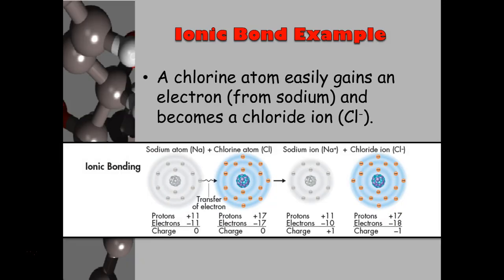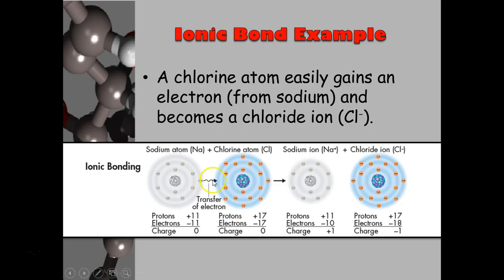So in this case, what's going to happen? Well, that electron ends up getting transferred over to a chlorine atom. Now, chlorine already has 7 valence electrons. I need to get to 8, which means I only need 1 more. So why do I want to have to figure out how to dump off 7 electrons when I can just go find a single one, and that's exactly what they do.